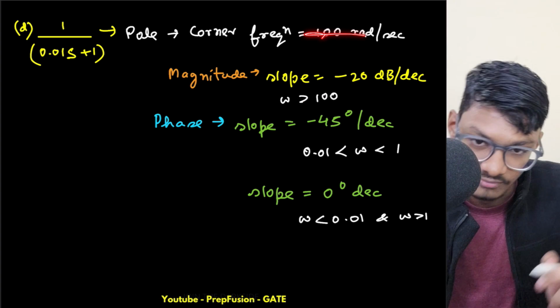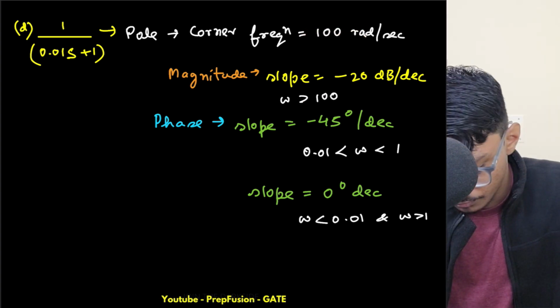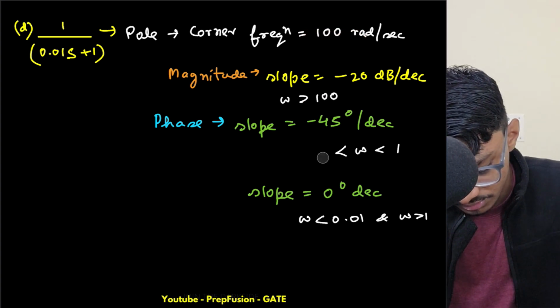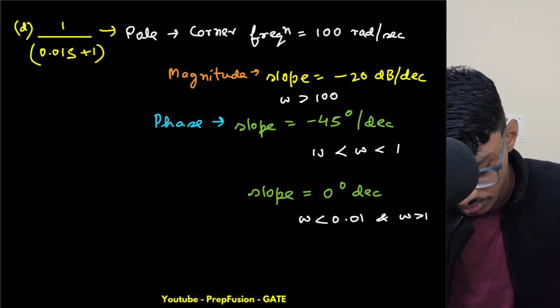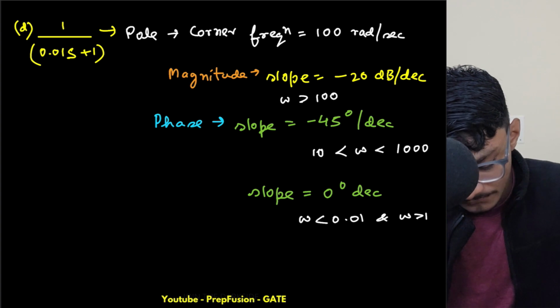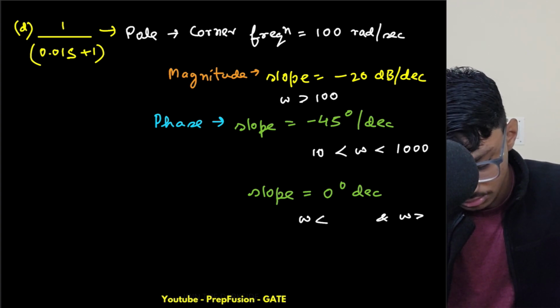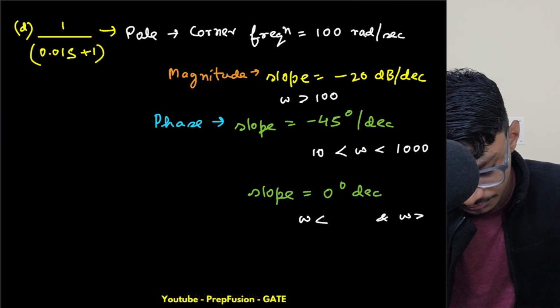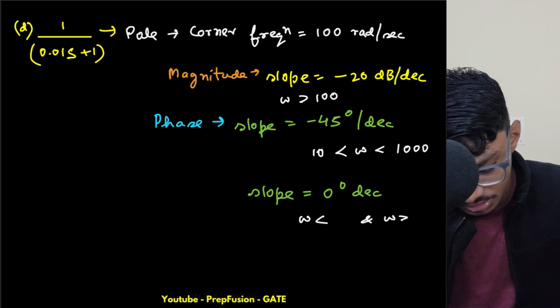Range is 10 times before this and 10 times after this, so it has to be more than 10 and less than 1000, and below 10 and more than 1000 it is 0. It is giving me 0 slope.